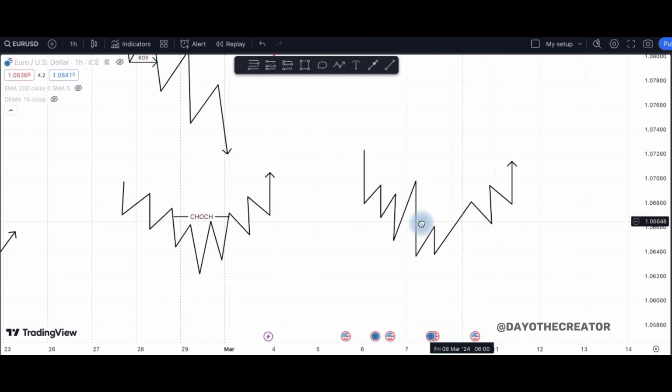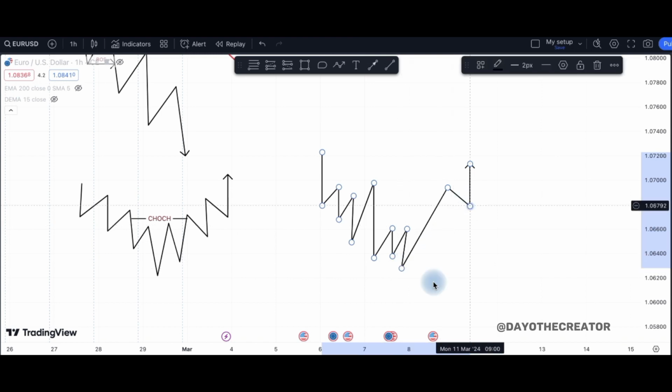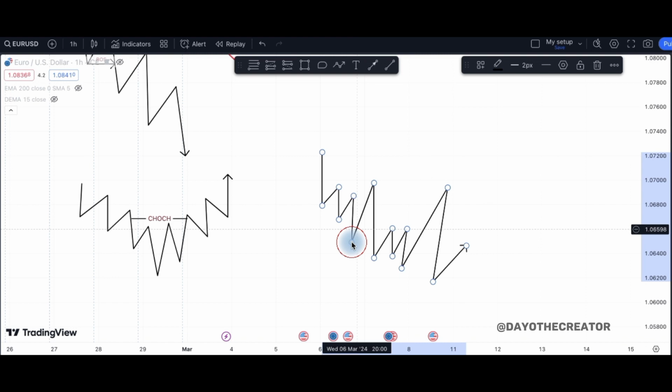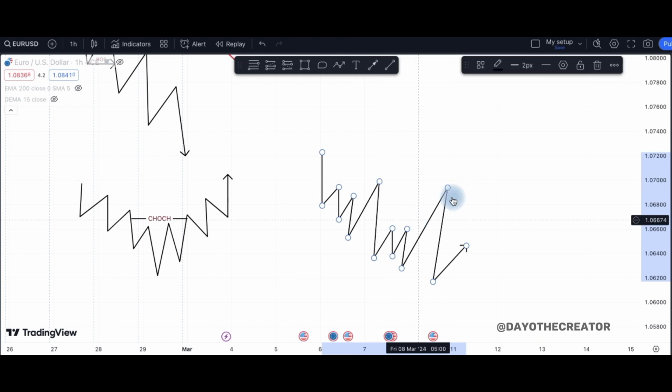So these internal structures are still valid movements of the market. These are just like children of the external structures. These small movements in the market are called the internal structure. It goes on and on, creating little structures to combine and form a new high or a new low.